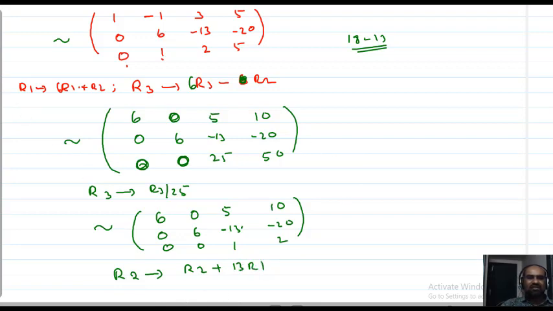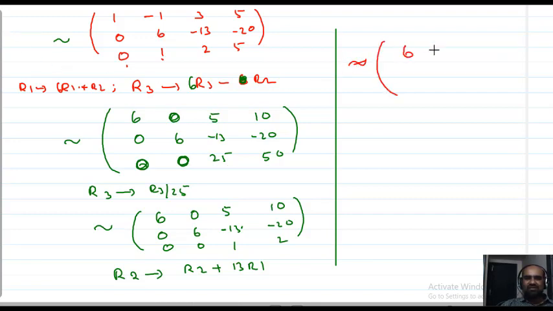No, I want right here. Equivalent to 6 0 5 10 as it is. Yeah, here R2 plus 30, 0 only.